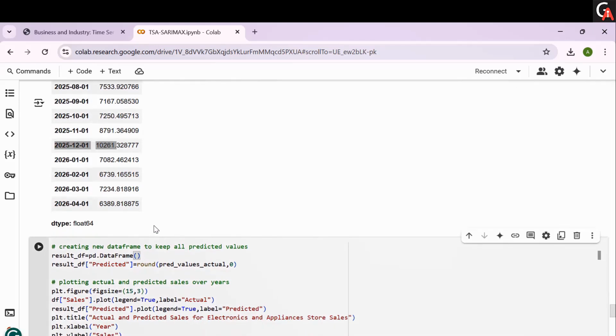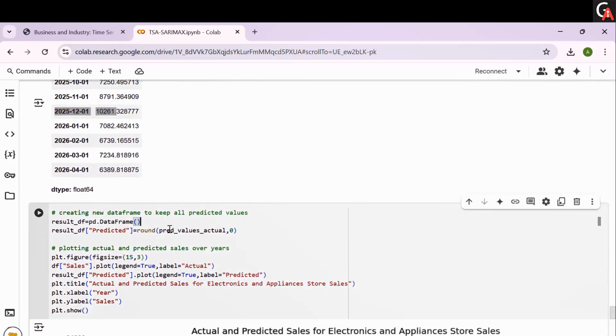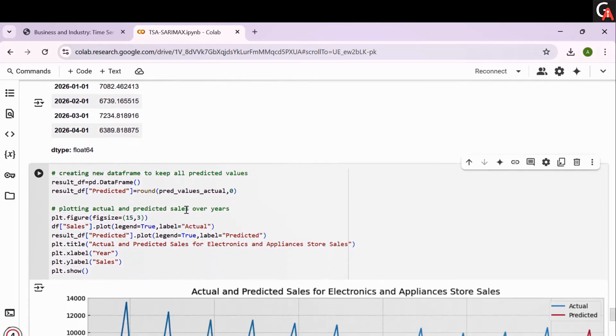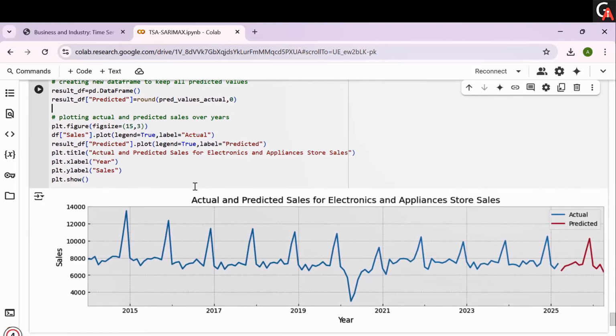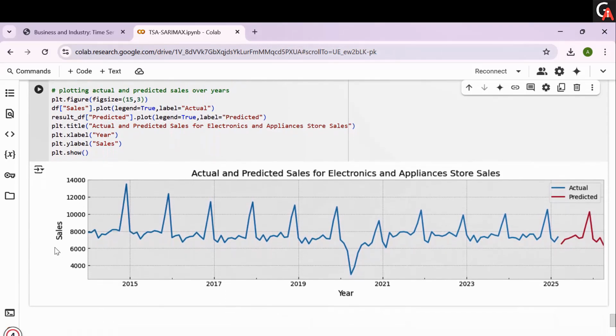Now we'll create a new data frame which will hold these predicted values, and we'll plot the actual sales and the predicted sales that we have got from our SARIMAX model into one frame. Here you can see that years are on the x-axis and sales are on the y-axis. The blue line indicates the actual sales, and this red line indicates the predicted sales.